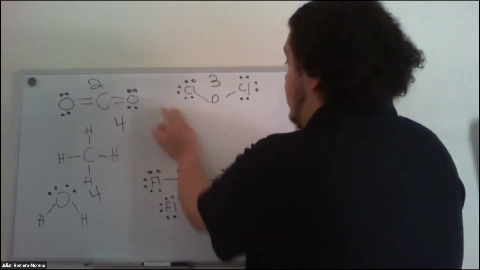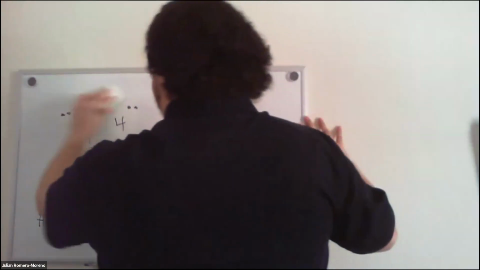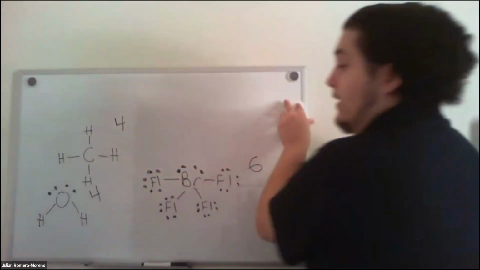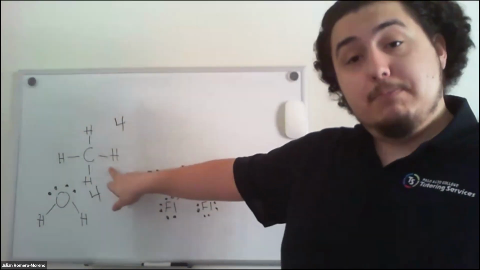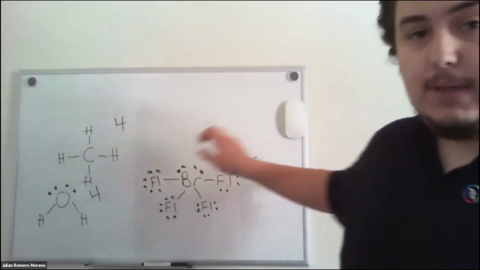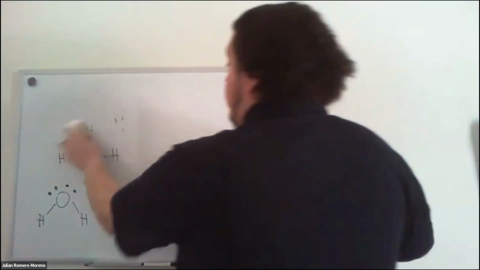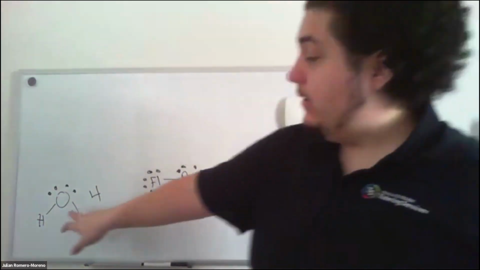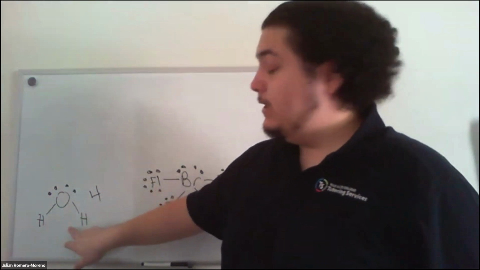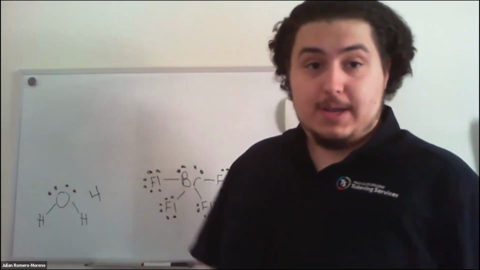So I'm going to erase some of these up here. Now you might notice that this is bonded to 4 atoms, so it will be simply a tetrahedral molecular geometry. But this right here is bonded to 2 hydrogens and has 2 lone pairs.